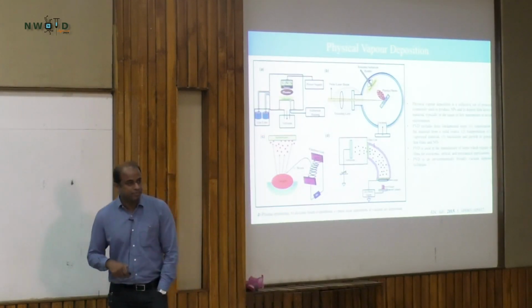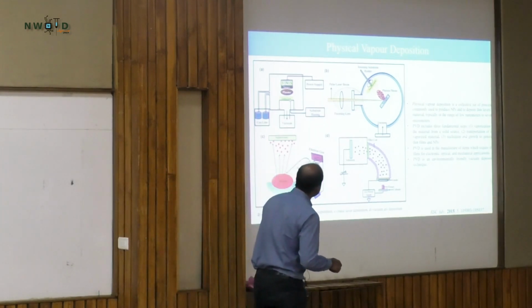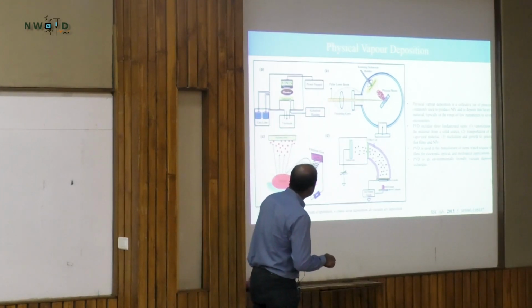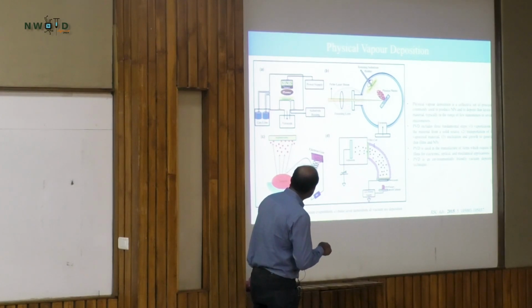Then physical vapor deposition. Here is actually a combination of several activities. It can be vaporization of material from a solid source, or transportation of vaporized material and nucleation on the surface and thin films. You see, it can be either plasma sputtering or electron beam sputtering. So you see a pulsed laser beam, and there is a substrate, and it is applying energy and spraying, and then it is depositing.